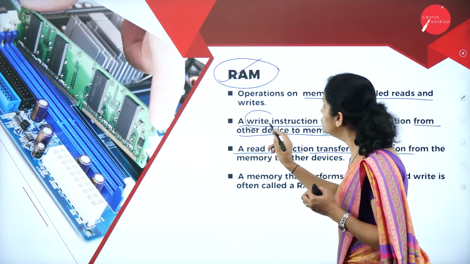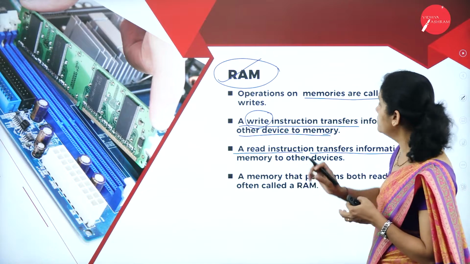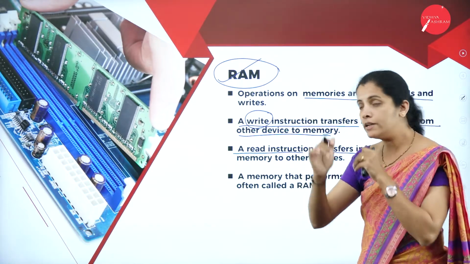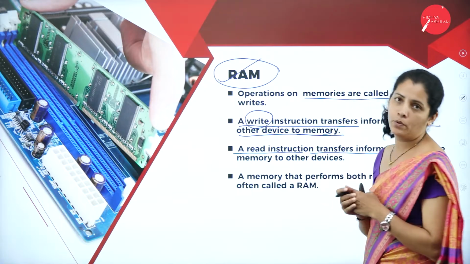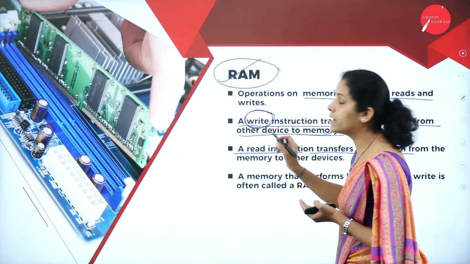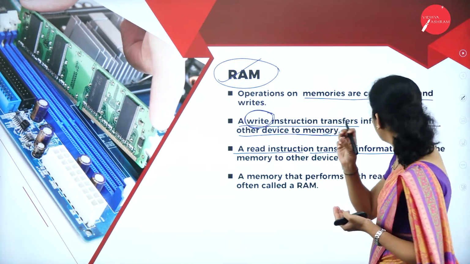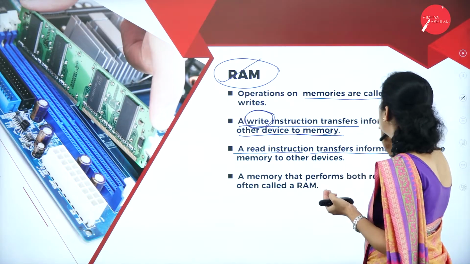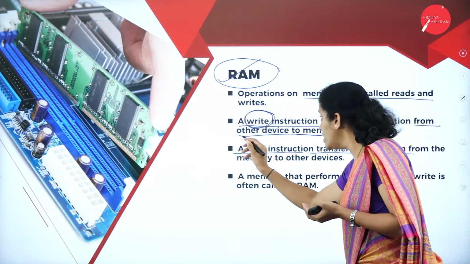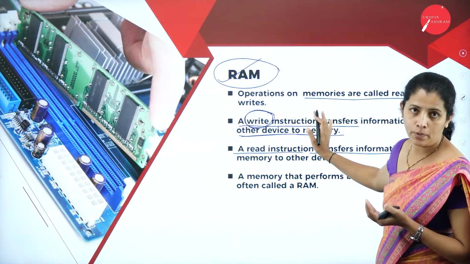When I'm using a write operation, then I'm going to write the content from another device to the memory. Just remember that when I'm going to use a write operation, that indicates that I'm going to write the instruction from one device to the memory.